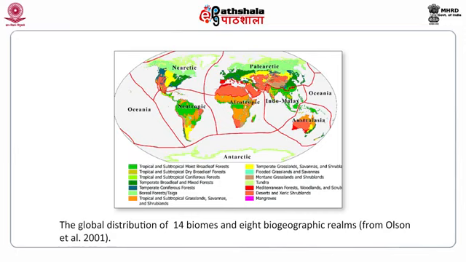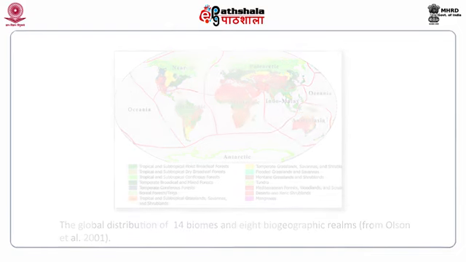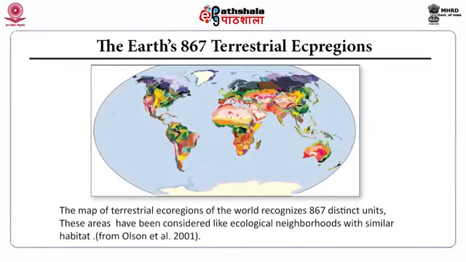So, I am reading only a few examples of the biomes, and there are 8 biogeographical realms as already been explained earlier. In this diagram, we see the Earth's distribution of the 867 terrestrial ecoregions. The map of terrestrial ecoregions of the world recognizes 867 distinct units. These areas have been considered like ecological neighborhoods with similar habitats according to Olson et al. 2001.